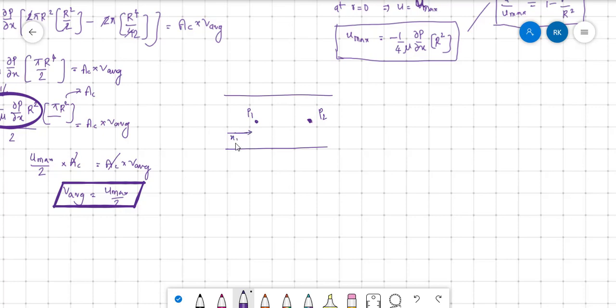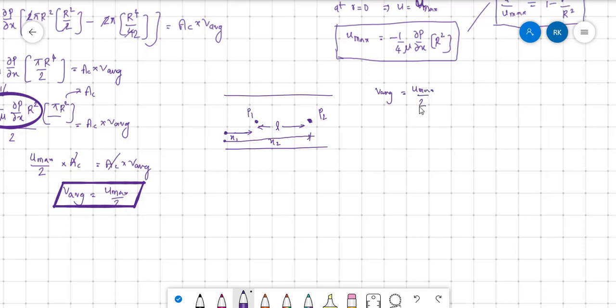Suppose from this point it is at a distance x1, and from the same point it is at a distance x2, and the length between the points is L. Now, V average is equal to U max by 2.